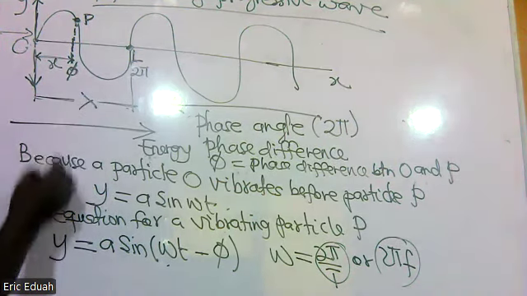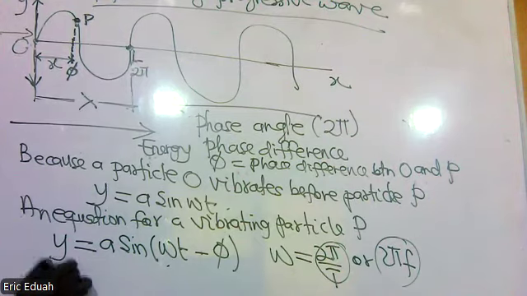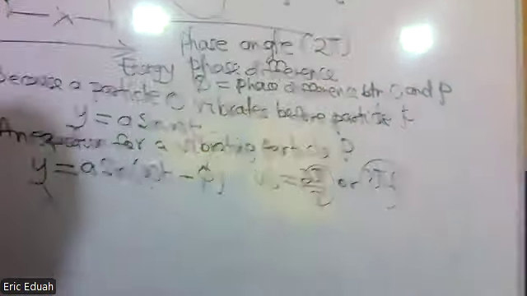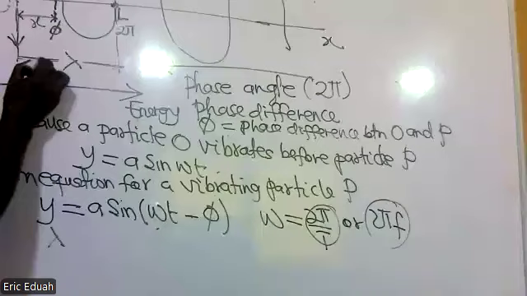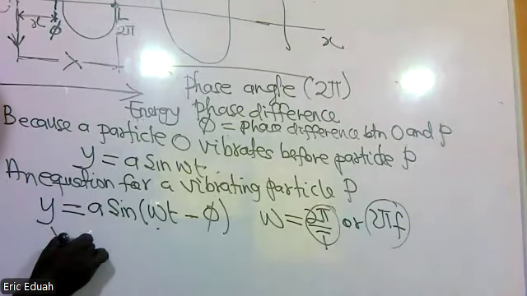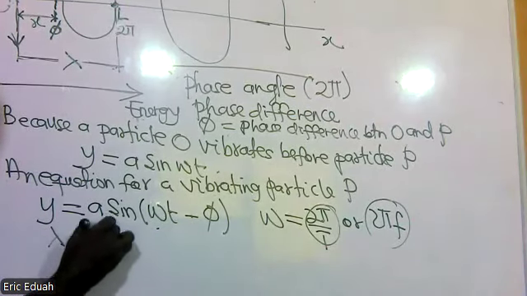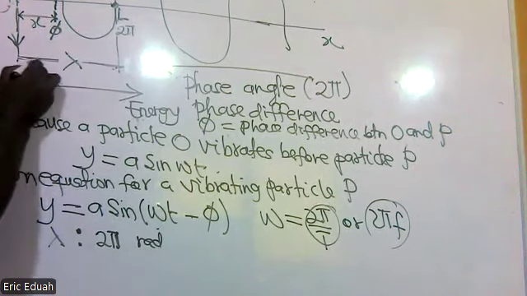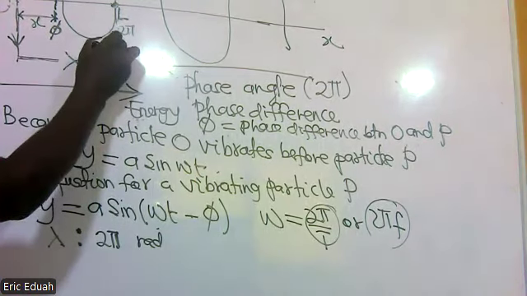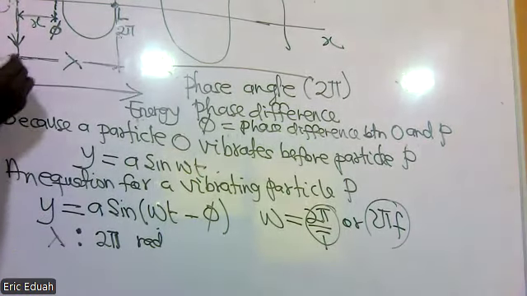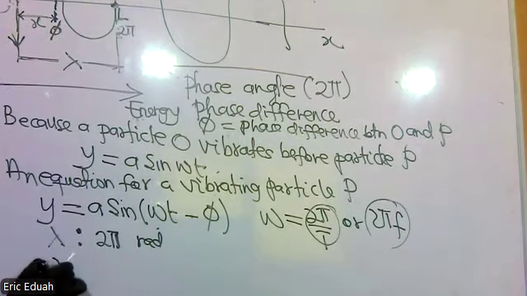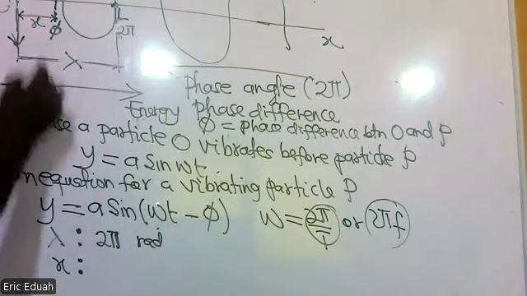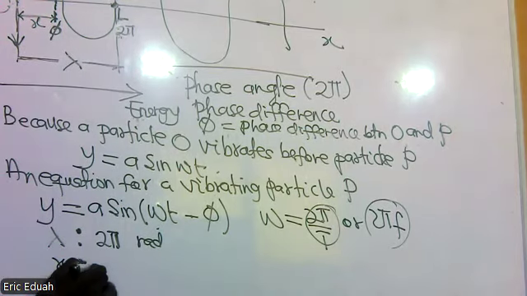Now, the wavelength lambda here goes with a phase angle of 2 pi radian. What about this X? X is also to an unknown phase angle represented by phi.